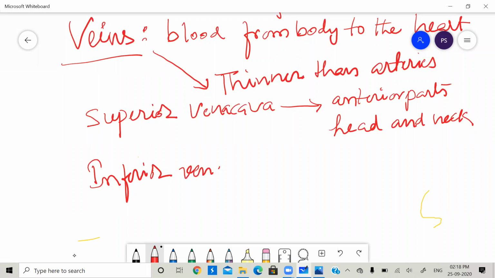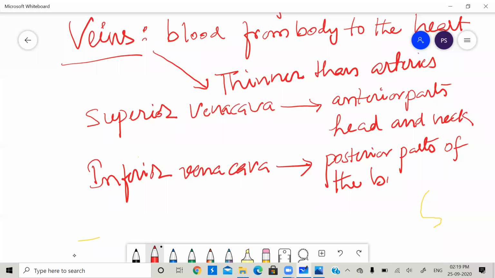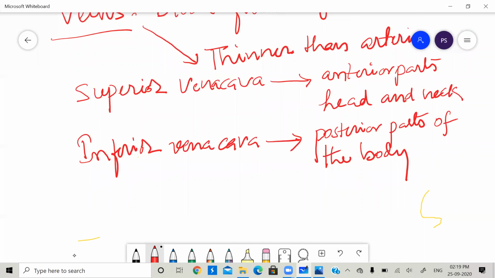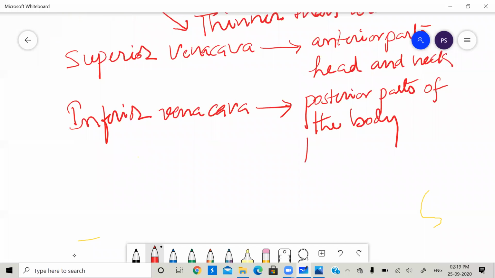Inferior vena cava will receive the blood from the posterior parts of the body, particularly from hands and legs, etc. Right?